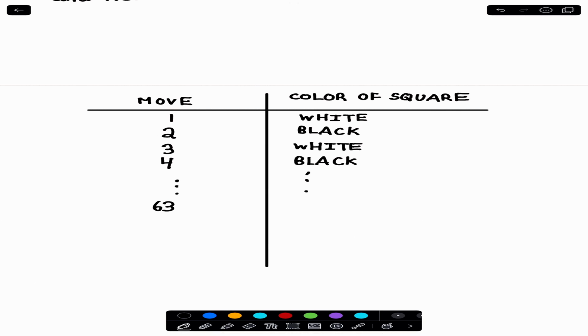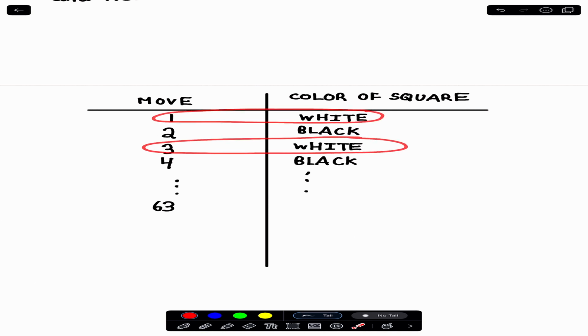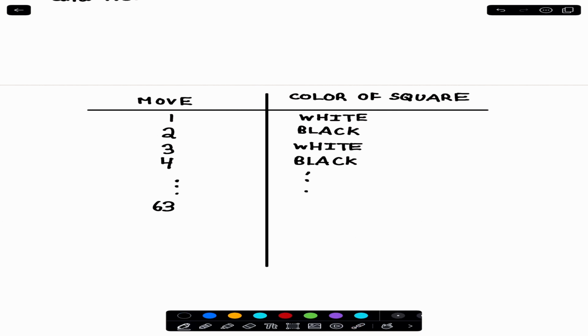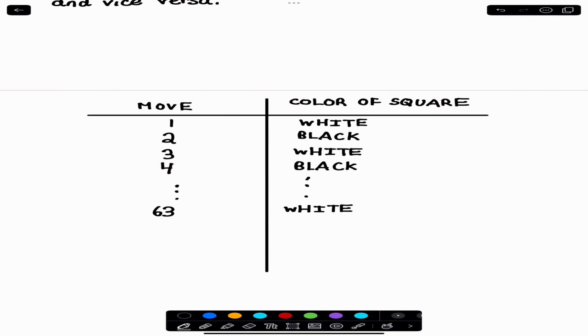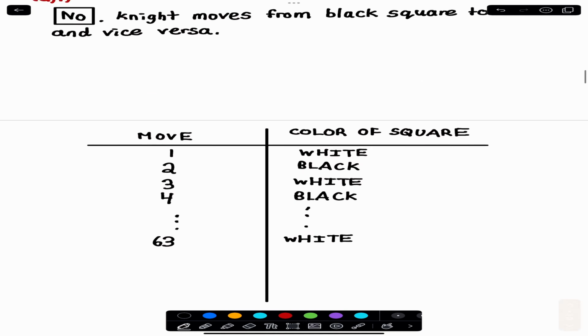And on this final move number 63, well, let's see. It looks like after every odd numbered move, we should be on a white square, right? 1 white, 3 white, 5 white, so on and so forth. So since 63 is odd, after 63 moves from A1, we will be on a white square.